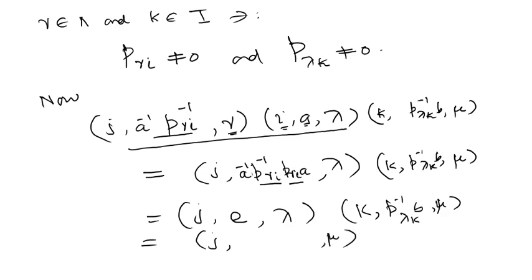Then it's E, and these two indices lambda and K, it's P lambda K. Then this element P lambda K inverse and B, and that's equal to J, it's just B here, B mu. So that's the product of these three elements, it's equal to J B mu.